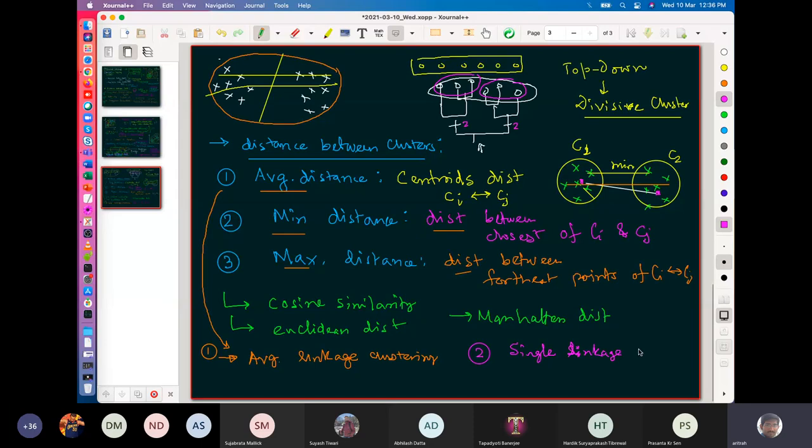Some of you are given the project like this, single linkage clustering. If it is single linkage agglomerative, it's bottom up. Mean distance is the distance between clusters that is followed. And the third one, some of you have also been given the project with, is called the complete linkage clustering algorithm.